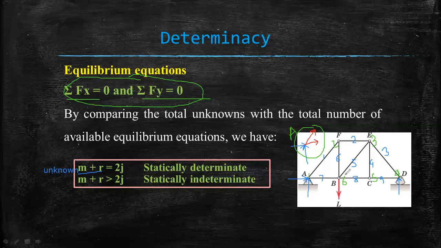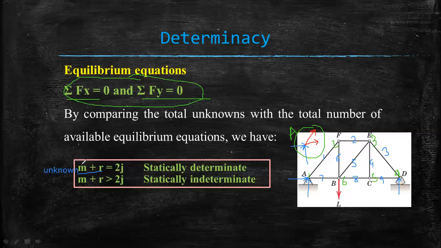And how many unknowns were there? 9 member forces and 3 unknown reactions. So 9 plus 3, that is 12 unknown forces, and 6 into 2, 12 equilibrium equations also. Just put in the values of m plus r.